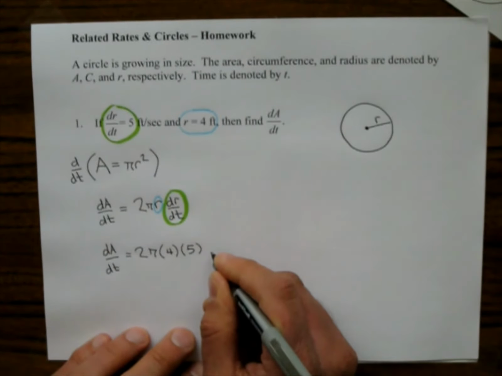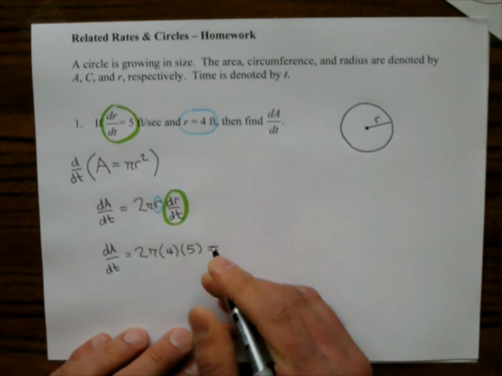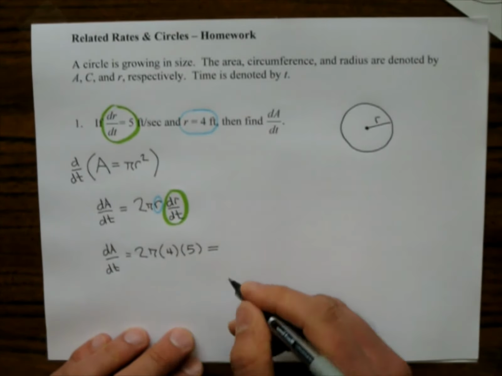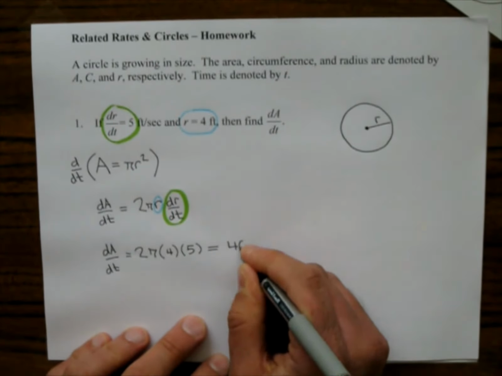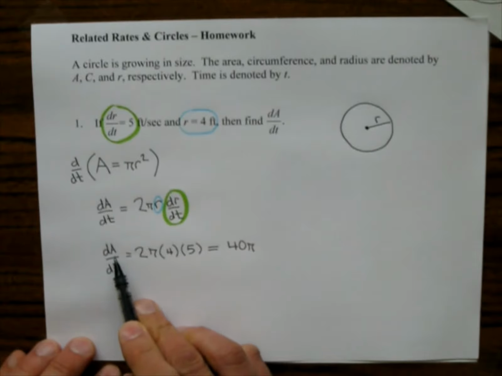Now, if I was a purist, I would be writing all the units. I'll write the correct units at the end. So this is going to give me 4 times 5, 20 times 2. So this is 40 pi. Now my units, I have to put area on the top.